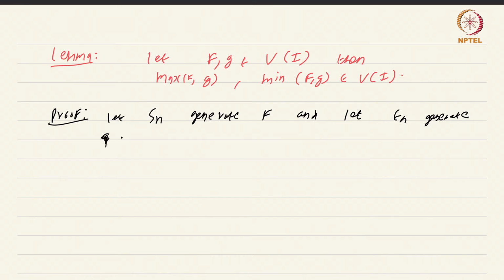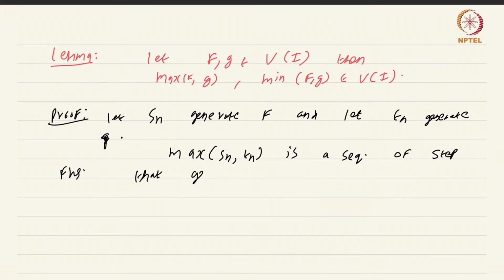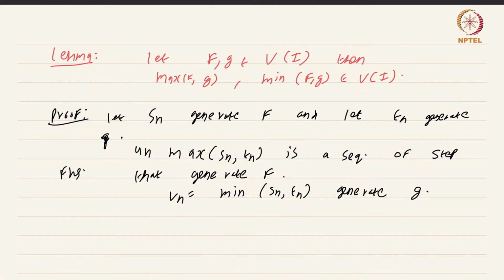Now we want a sequence that generates max(f, g) and min(f, g), and you can easily check that max of Sn, Tn is a sequence of step functions. Let's just call this sequence un, and similarly vn equal to minimum of Sn, Tn. Now I should not technically say they generate.